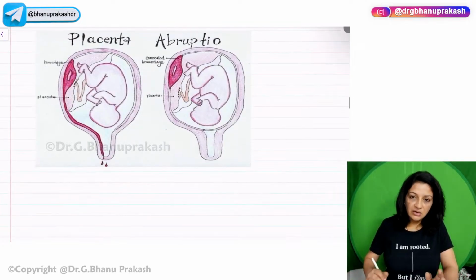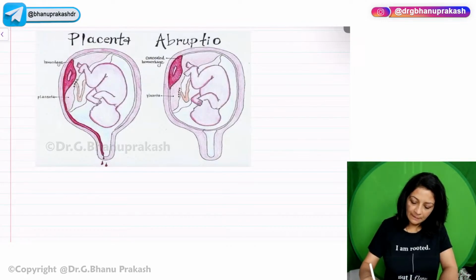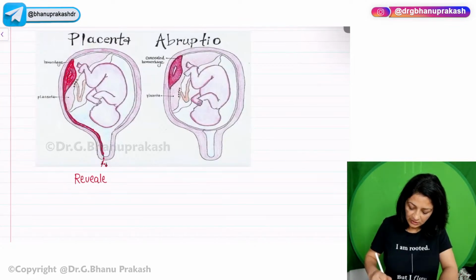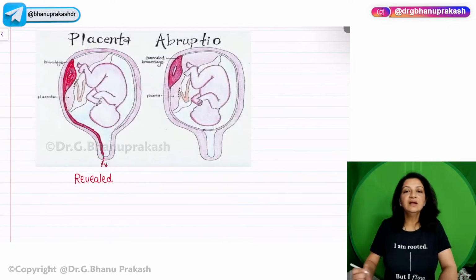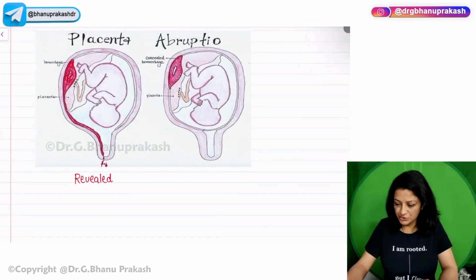So in the first image, you can see there is bleeding after separation and blood gets space to come out. That is called revealed placenta abruptio.